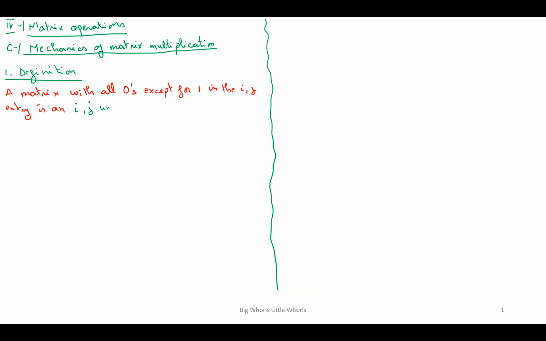So basically we have just given the definition of a unit matrix, or matrix unit.